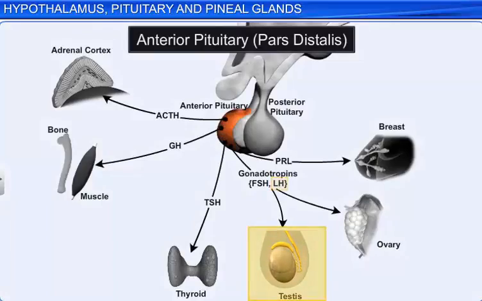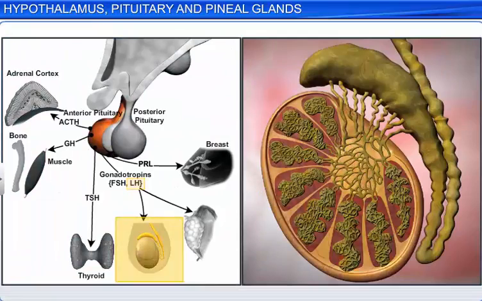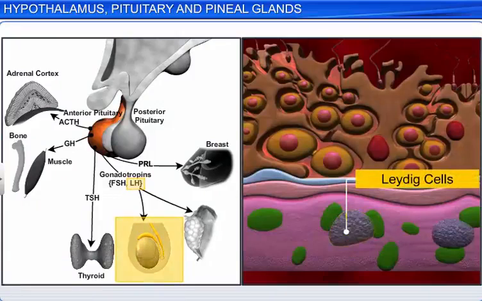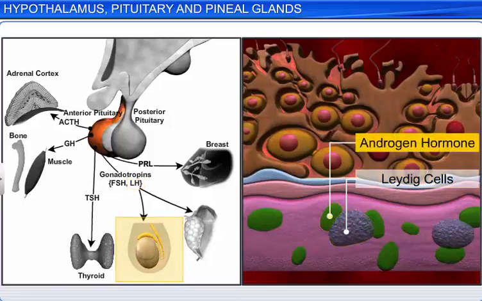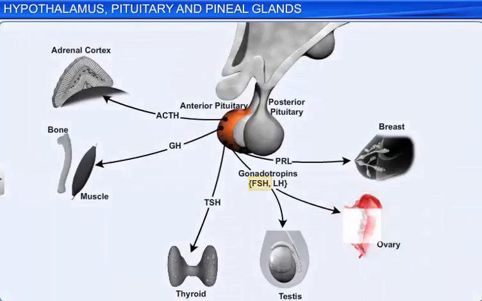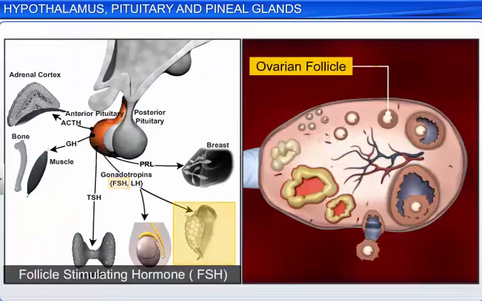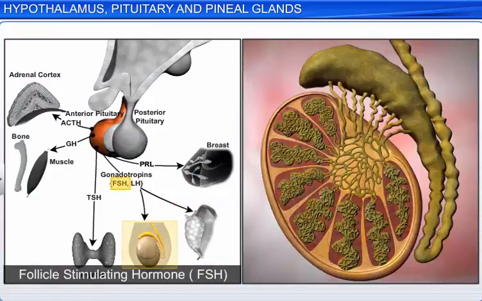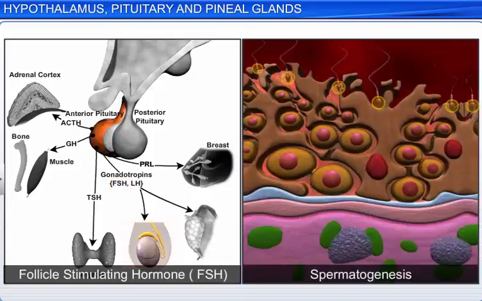In males, LH is known as the interstitial cell-stimulating hormone. It stimulates the Leydig cells in the testes to secrete androgens. FSH stimulates the development of several ovarian follicles in the ovaries. In males, FSH and androgens stimulate spermatogenesis in the seminiferous tubules of the testes.